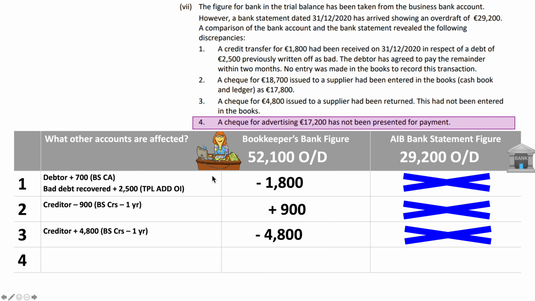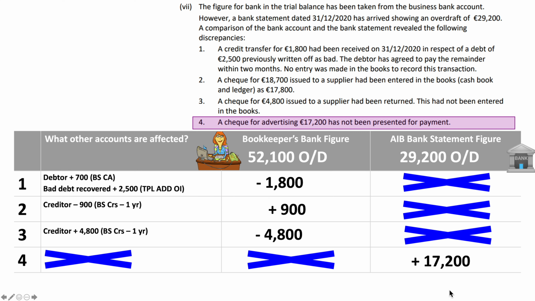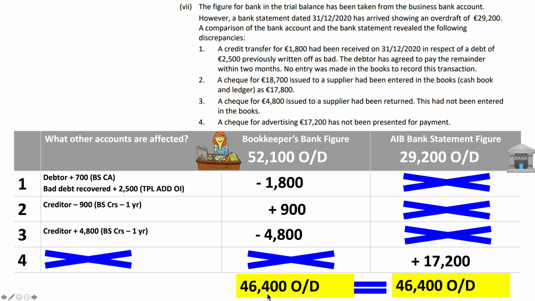So the bookkeeper has nothing to do, because it doesn't say they didn't record it in their accounts. So we have to assume they did record it. But what will happen in AIB, when they know that this has been presented for payment, we will add 17,200 to the overdraft, and that will be 46,400 overdraft in both the bank accounts.